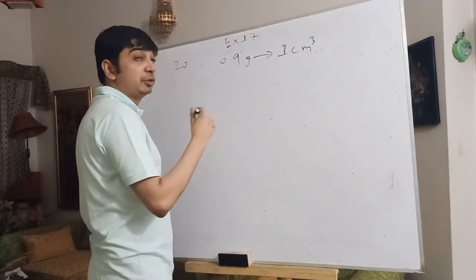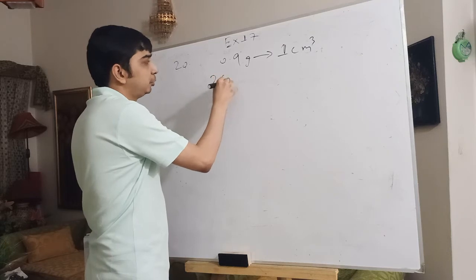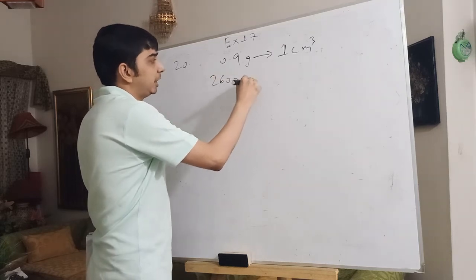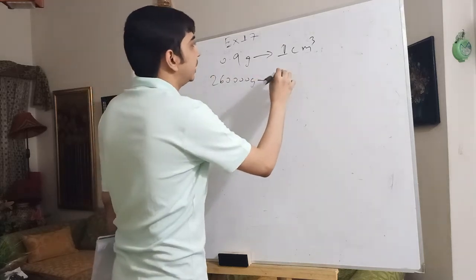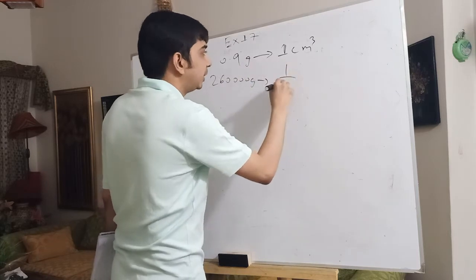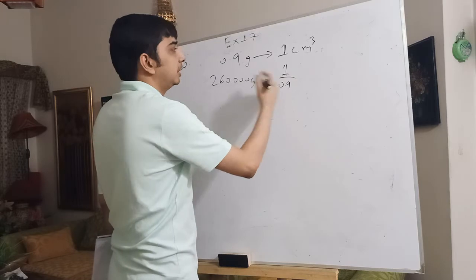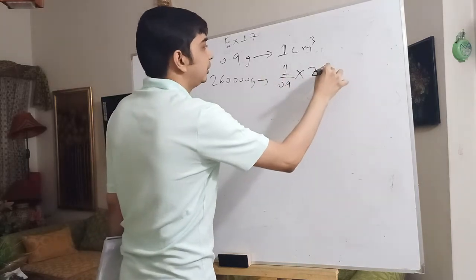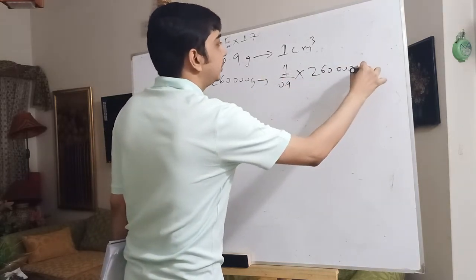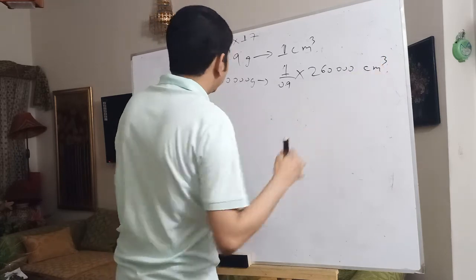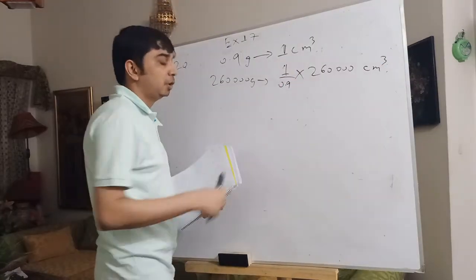You have 260 kg, so that is 260,000 grams. So the volume is going to be what? 1 gram is going to be 1 by 0.9, so for 260,000 grams it's going to be 1 by 0.9 into 260,000 centimeter cube. This is the total volume.